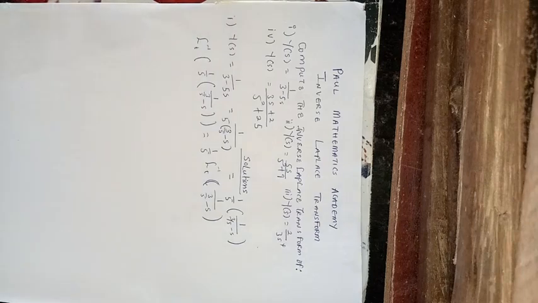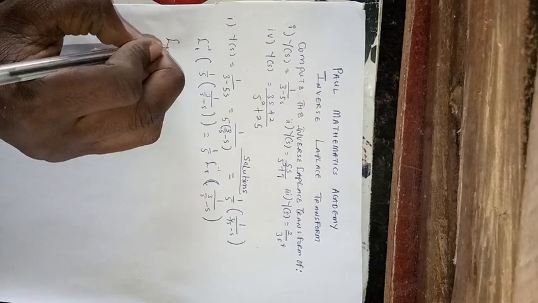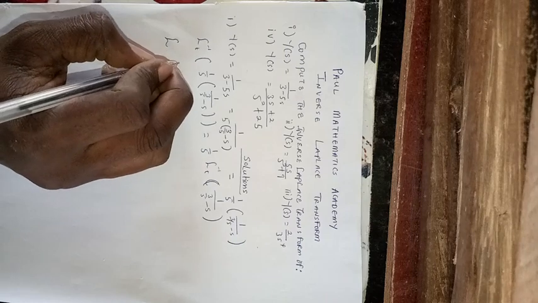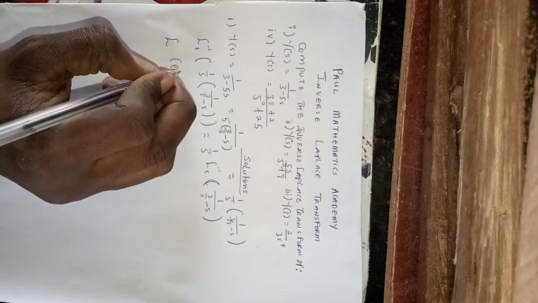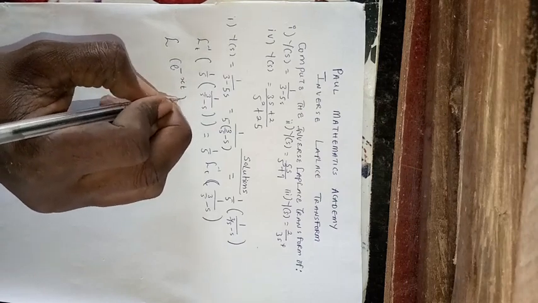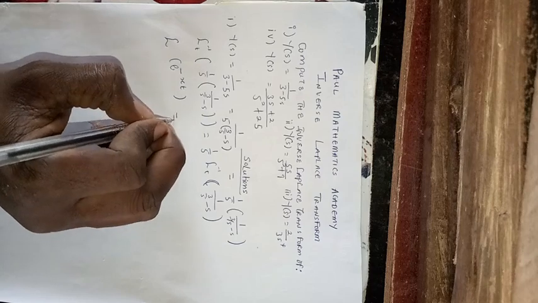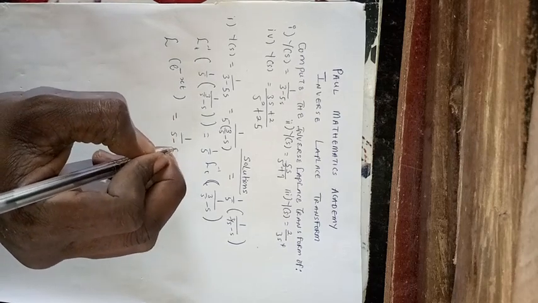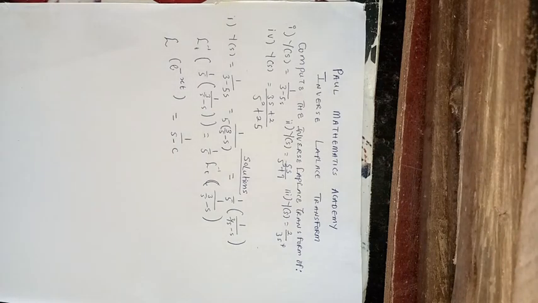Now let me quickly recall something. If you take the Laplace transform of e raised to the power of minus xt, this is going to give you 1 over s minus c. Are you getting what I'm saying now?